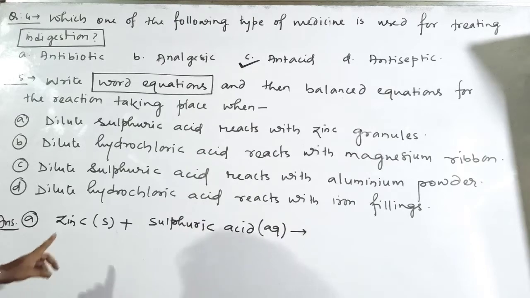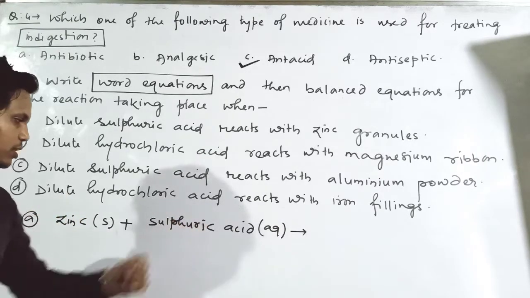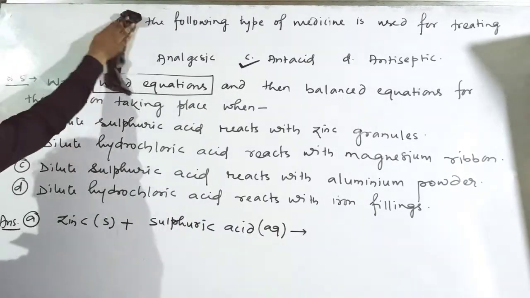Now, the reaction is zinc, a metal, with acid. If a metal reacts with acid, what will be the product?